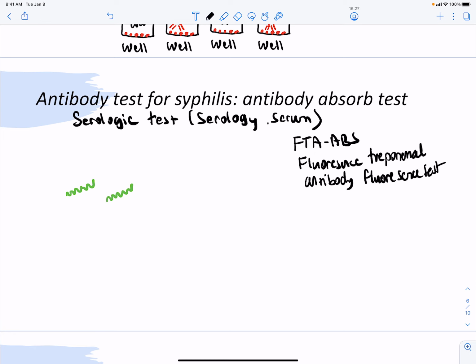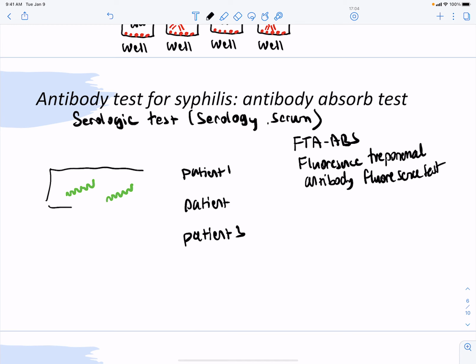Okay, and so this is where you take serum, and you have your antibodies that are going to be mixed with the treponema pathogen, the spirochete. So again, you have patient 1, you have patient 2, you have patient 3, and this time you're actually going to use a slide.